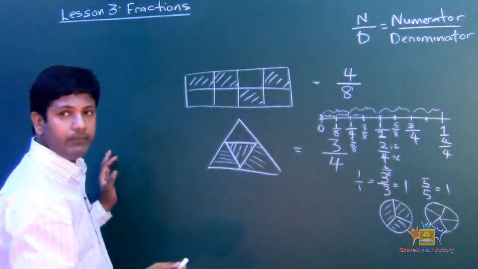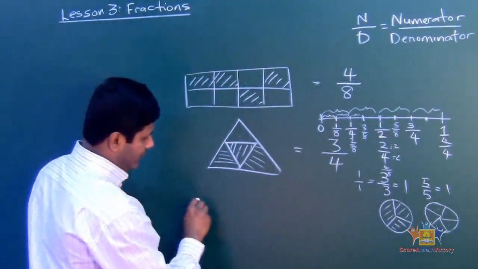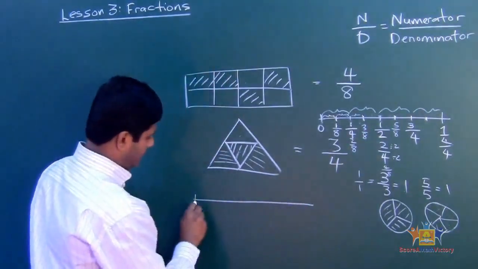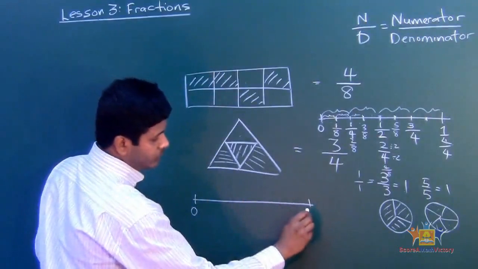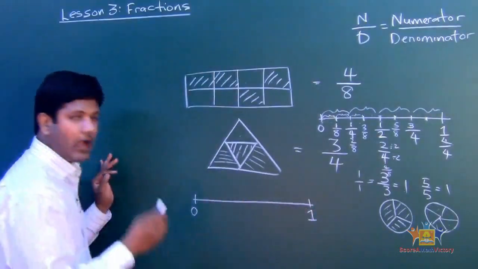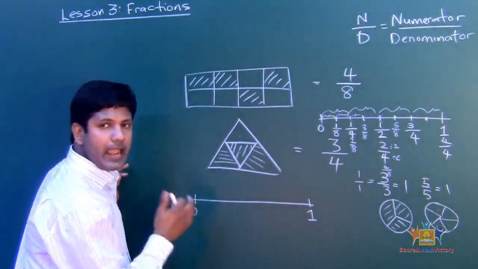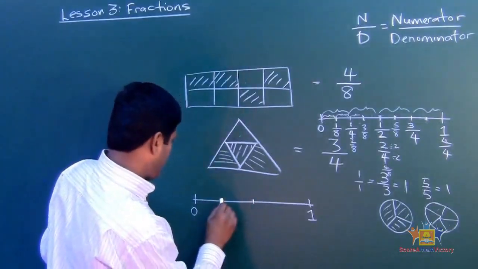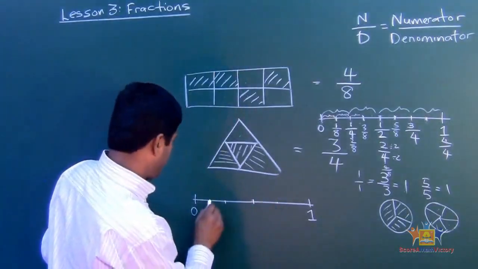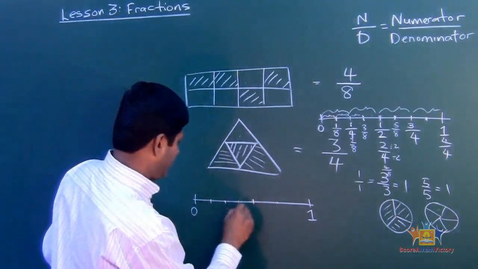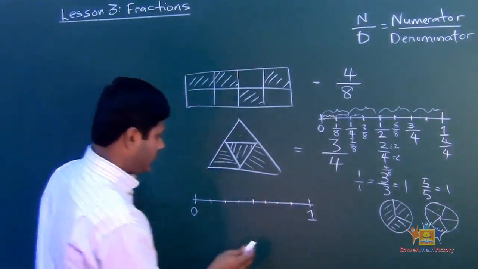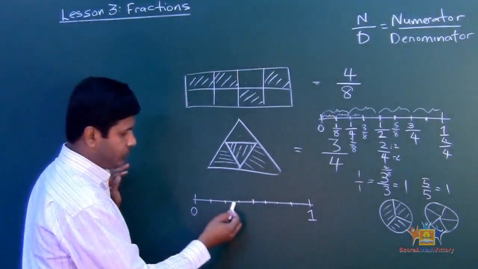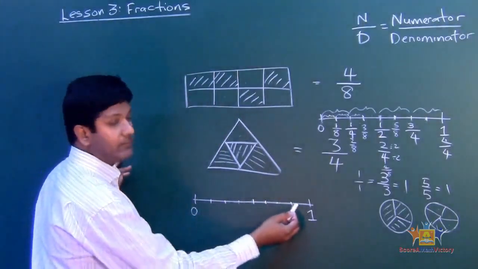Let's do another one. Let's say I give you a line graph starting with 0 and going to 1, and I want to break this into 8 parts. I find the middle first, and then I start breaking them. Now count how many there are: 1, 2, 3, 4, 5, 6, 7, 8.